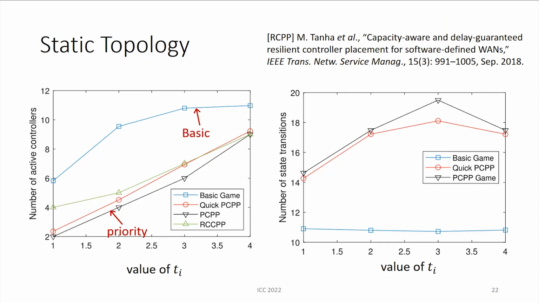The basic game does not perform well, and the counterpart, the non-game approach, is somewhere in between. On the right-hand side is the number of state transitions. The basic game needs the fewest state transitions. On the other hand, the priority game needs more transitions.